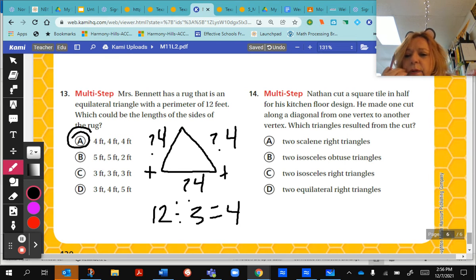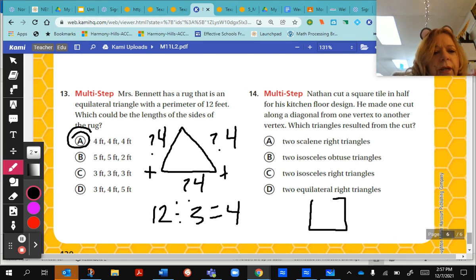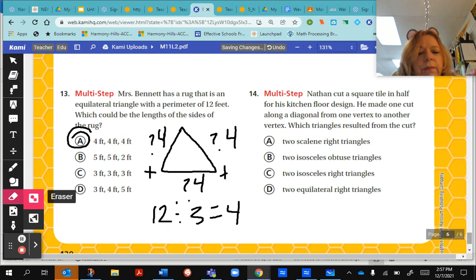And let's look at the last one. Nathan cut a square tile in half for his kitchen floor design. He made one cut along a diagonal from one vertex to another vertex. Which triangles resulted from the cut? All right, so he has a square. Actually, I'm going to do it this way so I can make sure that my square is a square.